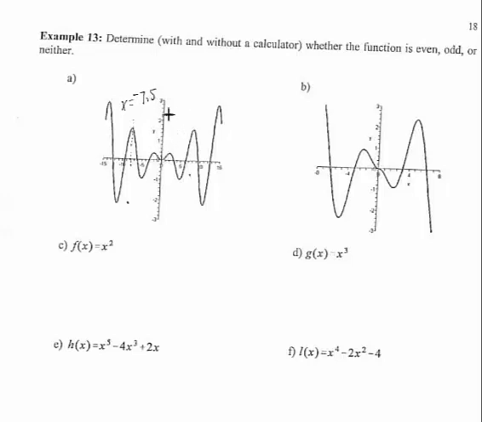If I go to the opposite x value, a plus 7.5, then mathematically I am going to get the same f of x. So if I calculate f of negative 7.5 and then I calculate f of positive 7.5, if this is even, I will get the same number.